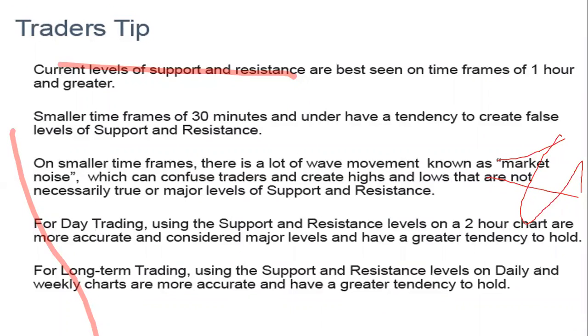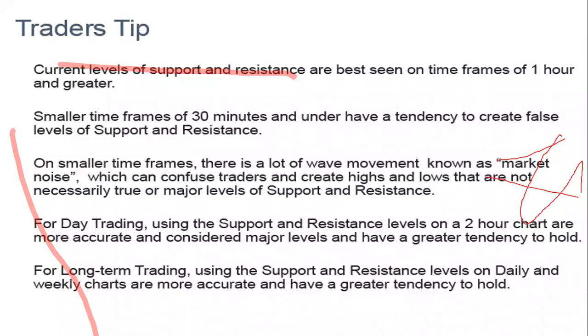On smaller time frames, there is a lot of wave movement known as market noise, which can confuse traders and create highs and lows that are not necessarily true, or major levels of support and resistance. For day trading, using the support and resistance levels on a 2-hour chart are more accurate and considered major levels, and have a greater tendency to hold.